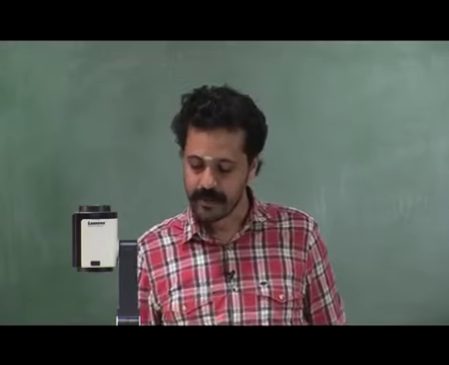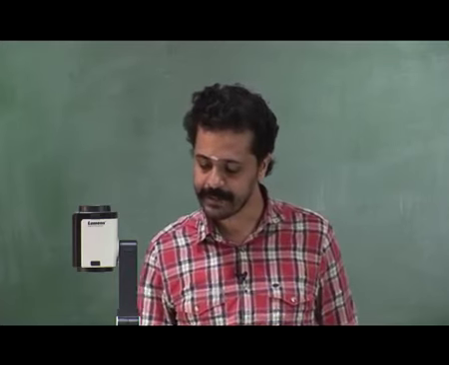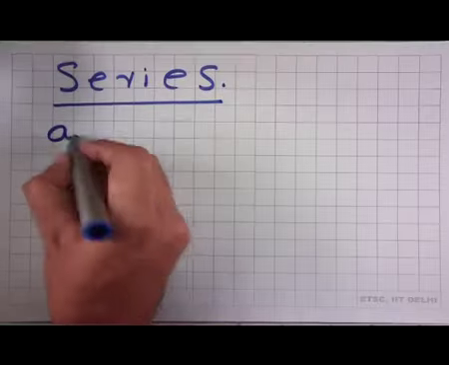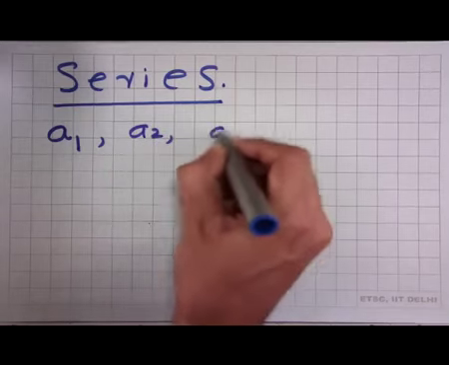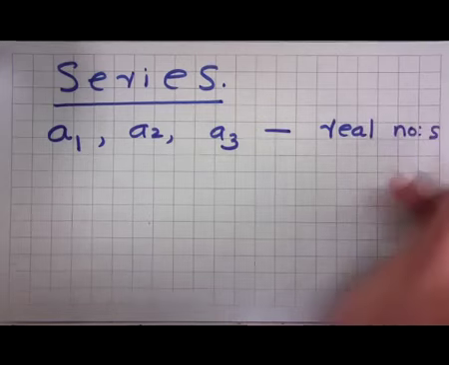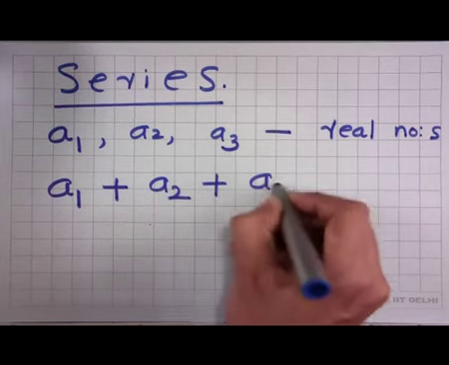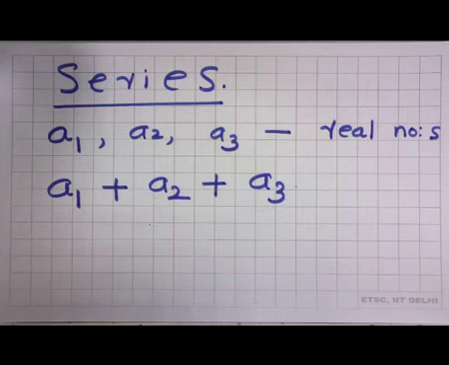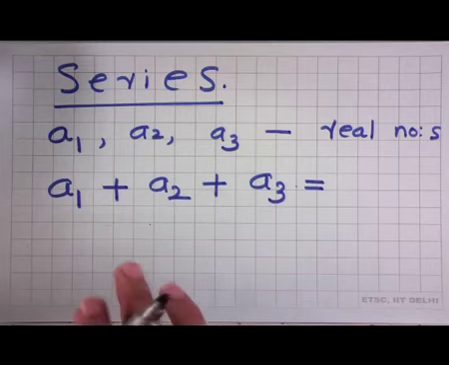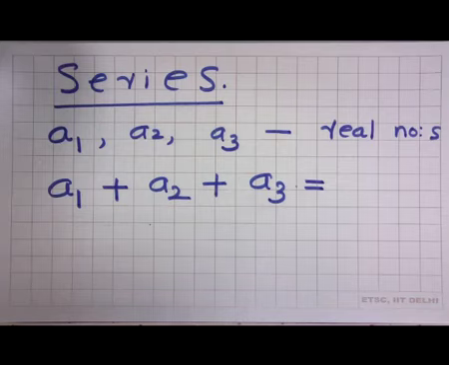conducted. Let us recall that while finding sum of finitely many real values, say for instance a1, a2, a3, they are real numbers, and we would like to find a1 plus a2 plus a3. Note that the order in which we add these terms a1, a2 and a3 does not matter.